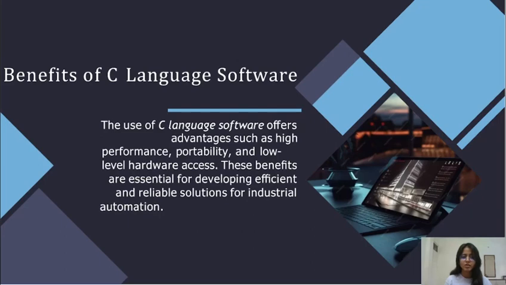Benefits of C language software. The use of C language software offers advantages such as high performance, portability, and low-level hardware access. These benefits are essential for developing efficient and reliable solutions for industrial automation.